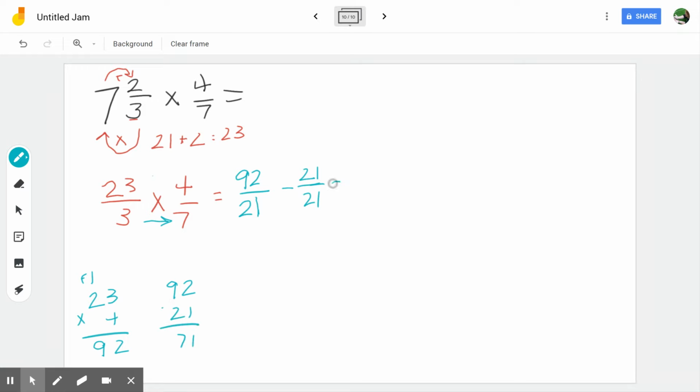I like to work it out just to make sure. So 71/21. Then we can subtract another whole, 21/21, and 71 minus 21 is 50. So we still have an improper fraction of 50/21.